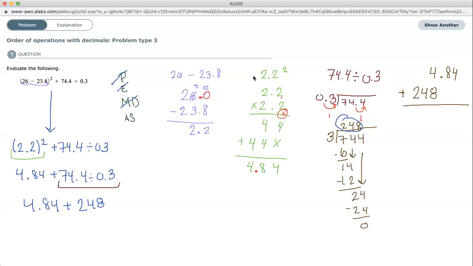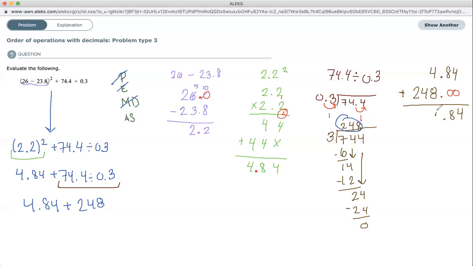If it helps, you can add in a decimal for the 248 and put in some extra zeros. Okay, but before you add in zeros, you want to make sure you put the decimal in. Otherwise, you will be changing the value of the number. Then from here, it's simple addition. We have our decimals lined up, so we know in the answer where the decimal will fall.